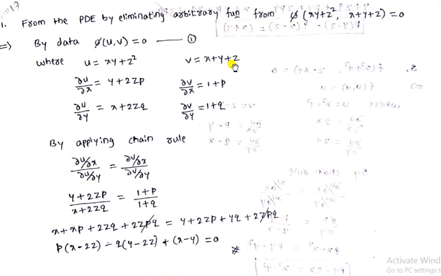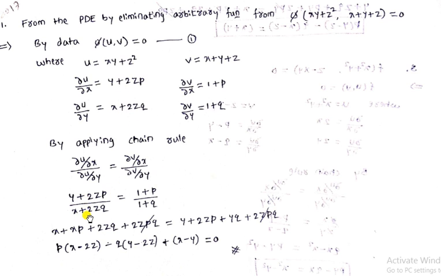So x gives 1, differentiation of z is dou z by dou x, that is p, and v with respect to y: differentiation of y is 1 and z with respect to y is dou z by dou y, which is denoted as q. Now we apply the chain rule here. So dou u by dou x, dou u by dou y, dou v by dou x, dou v by dou y. So divide these results.